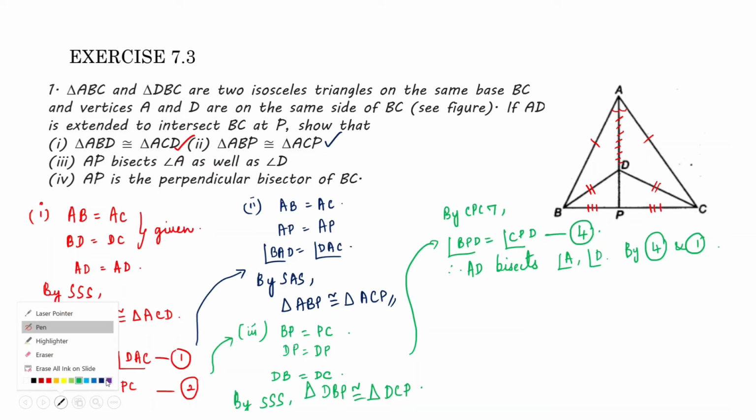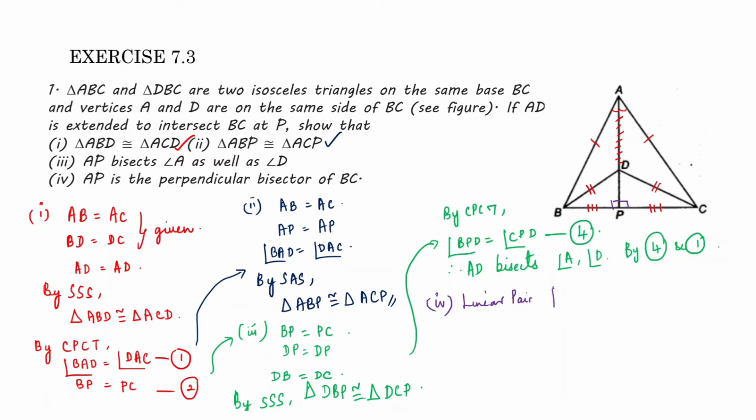Now let's look at the last subdivision of this question. We need to prove that AP is the perpendicular bisector of BC. Let's look at the diagram. We see that angle BPD plus angle CPD forms a linear pair.